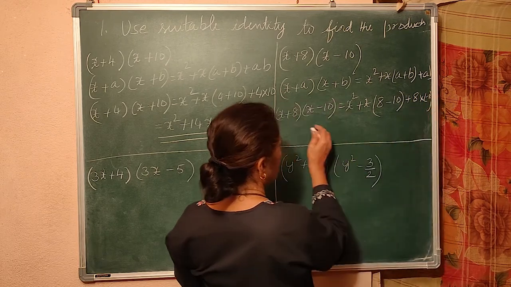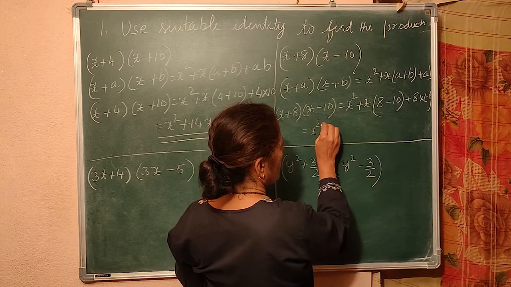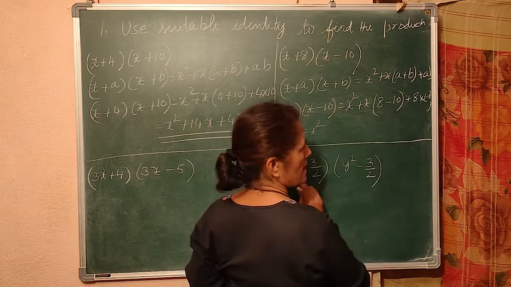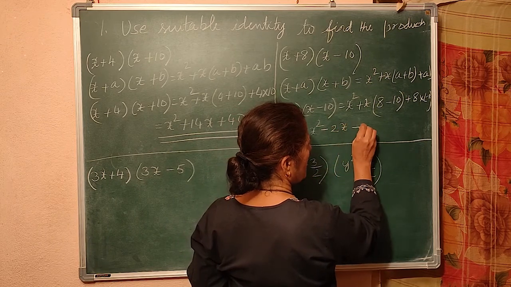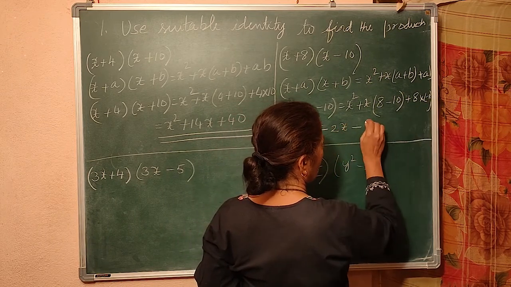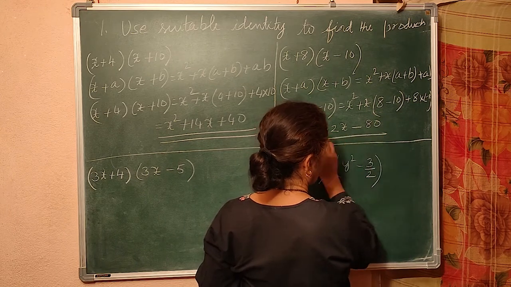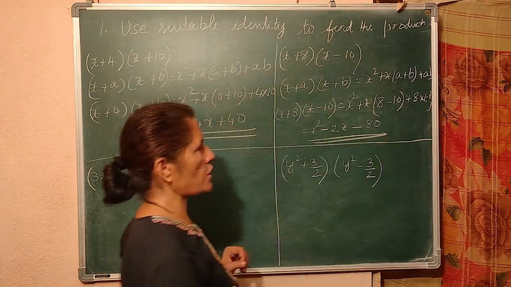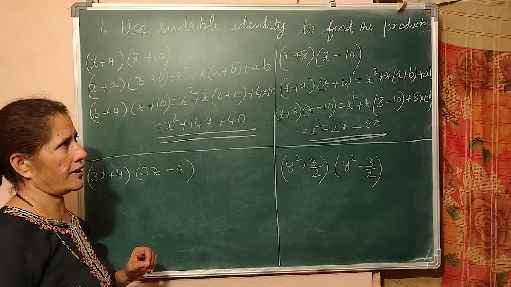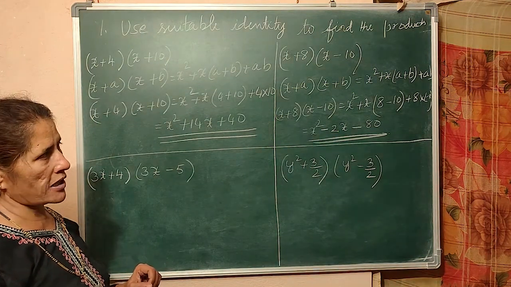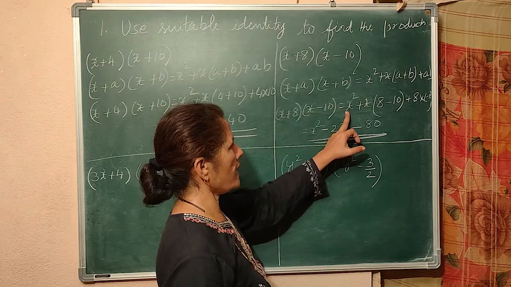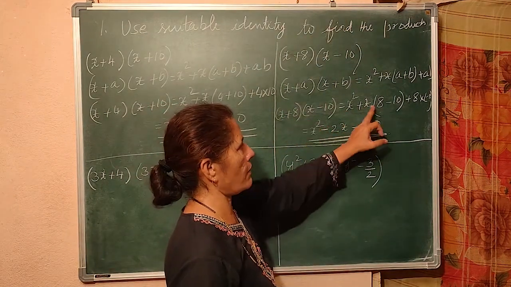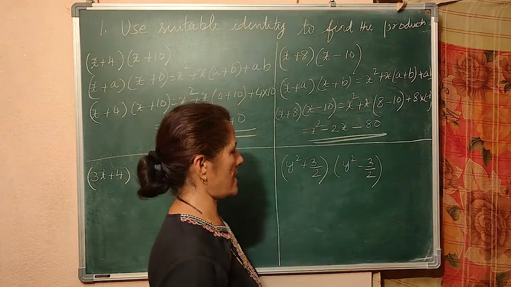So what do you get? x square, 8 minus 10 is minus 2, minus 2x, minus 8 tens are 80, minus 80. x square minus 2x minus 80. Right? You understood? The product, see here: x square plus (8 - 10), minus 2x minus 80.